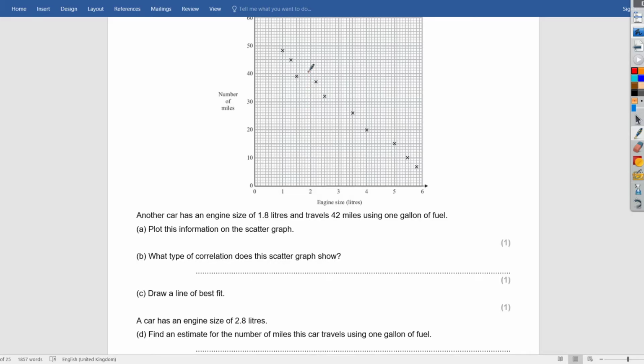So that's about here. Okay, that's reasonable. What type of correlation does this scatter graph show? It shows a negative correlation.